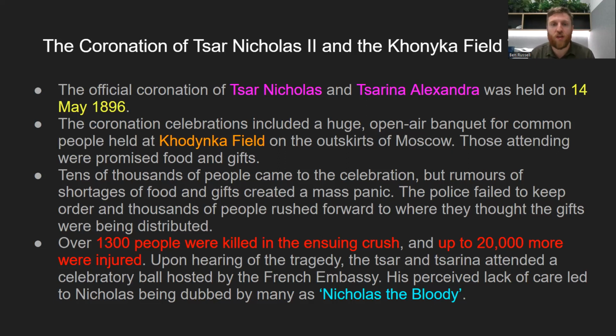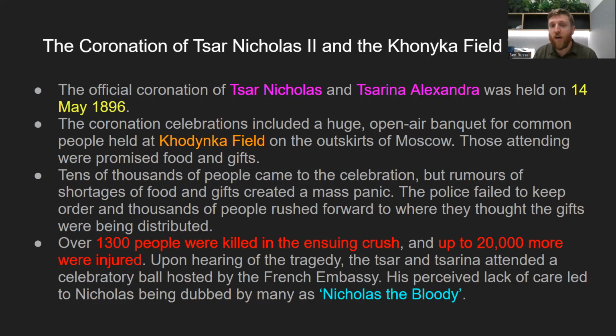Upon hearing of the Khodynka Field tragedy, the Tsar and Tsarina were not sure what to do. The Tsar wanted to visit people in hospital to wish them well and to show that he is a gentle and loving Tsar. However, he was advised to instead attend a celebratory ball hosted by the French embassy.